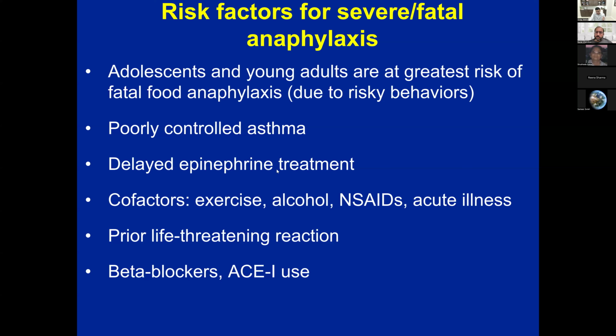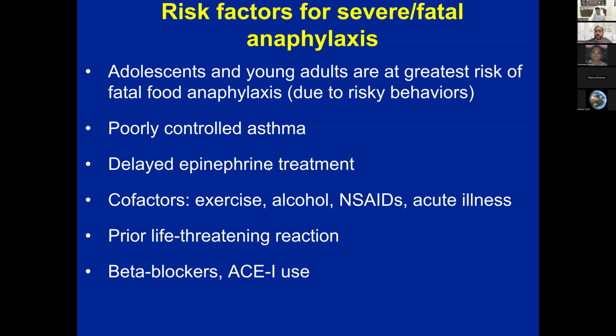there are several explanations. One is if you have a person who recently had anaphylaxis, you'll have mast cell depletion. It takes 4 weeks for the mast cells to replete themselves.